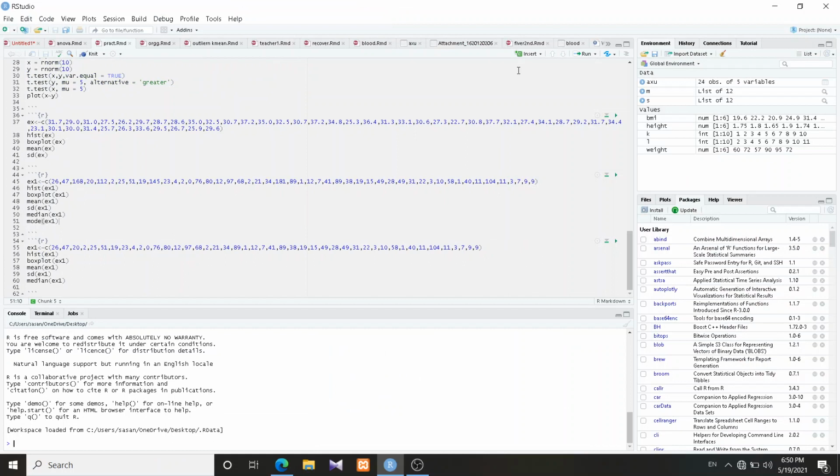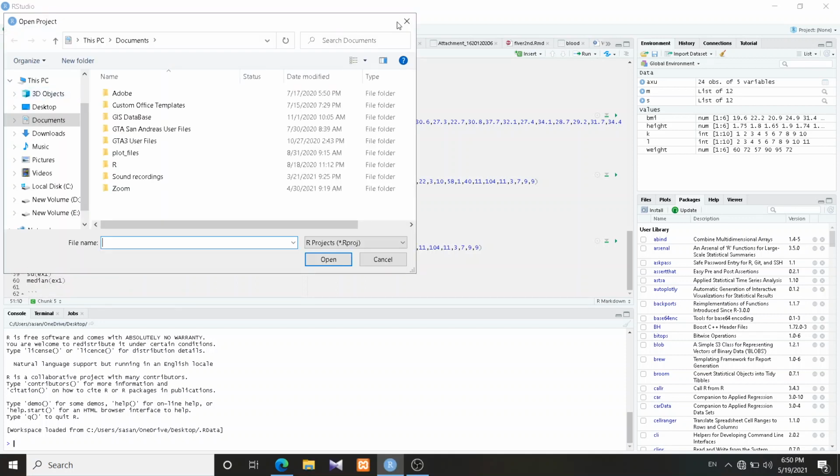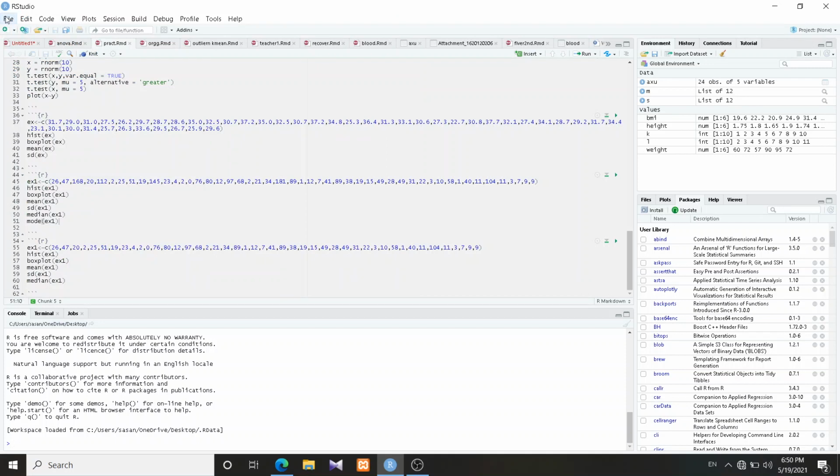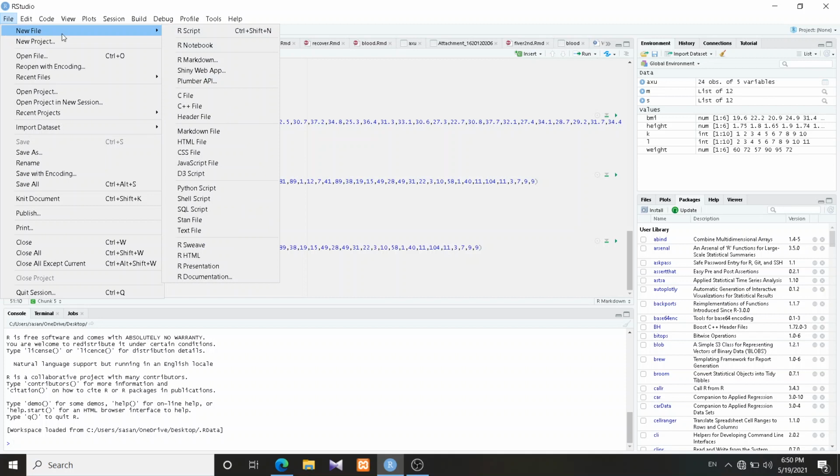Let me show you how to work with this interface. I'm using RStudio. You need to install it, click on file and new file, then select R Markdown.